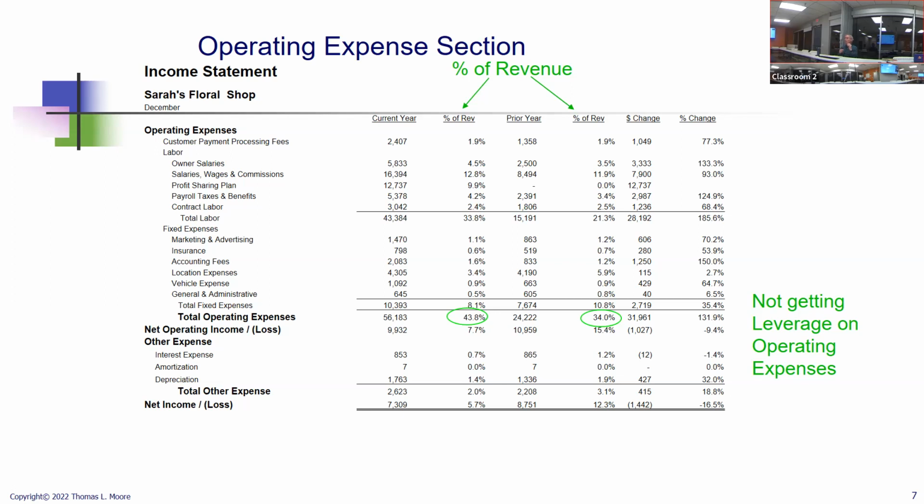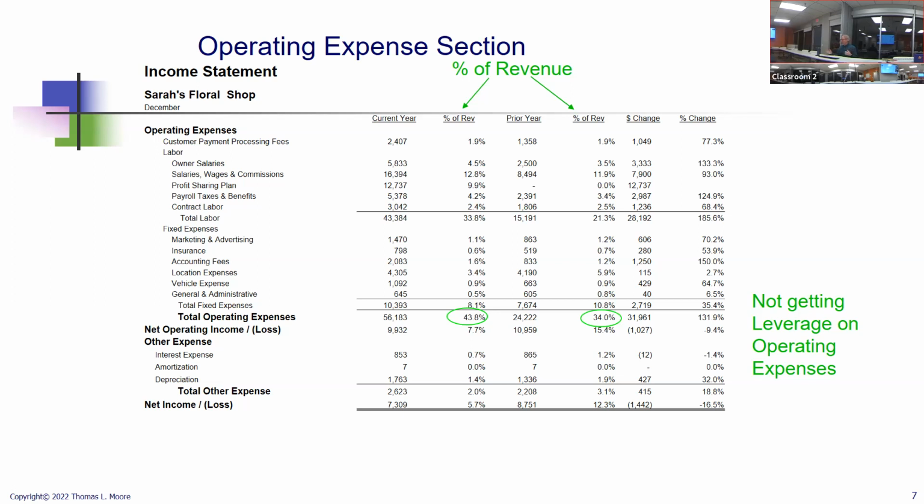So we're spending more cents per dollar this year than last year. And that's something that you want to look at and evaluate carefully, because typically you want to see yourself leveraging those total operating expenses better year over year. So without any extraordinary changes, we would hope that this year's percent of revenue would be something less than 34%.